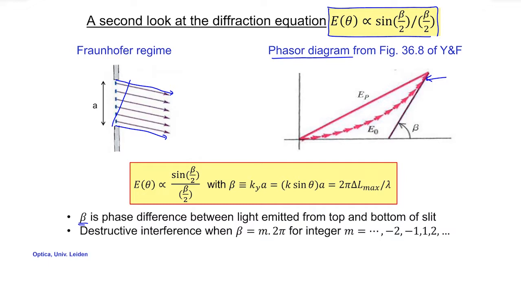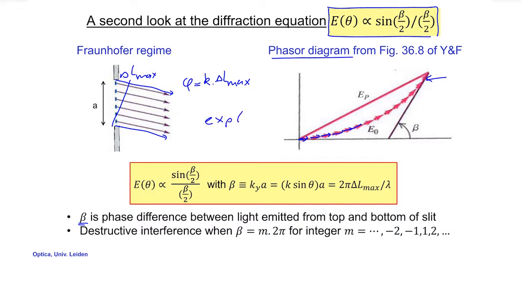A phase difference which is related to the maximum path length difference via phi is k times delta x max. And this diagram shows the contributions of the various Huygens sources in terms of small arrows in the complex plane.